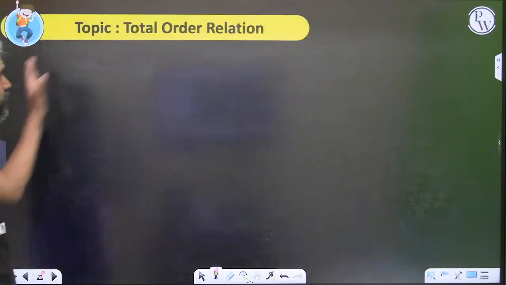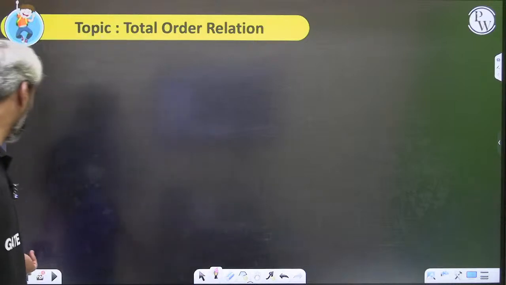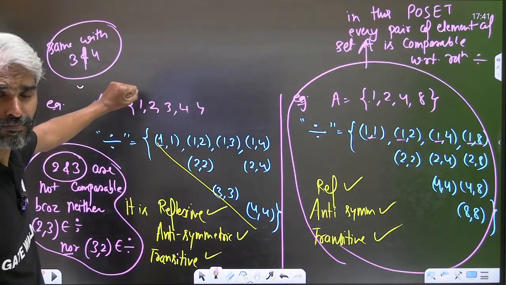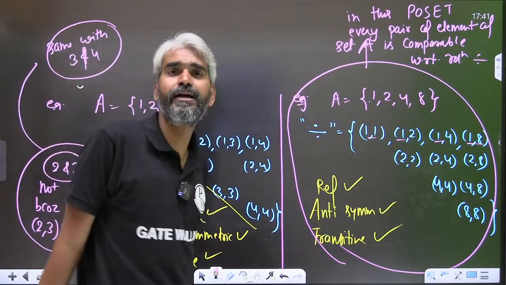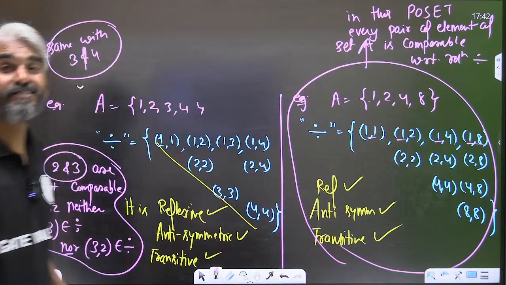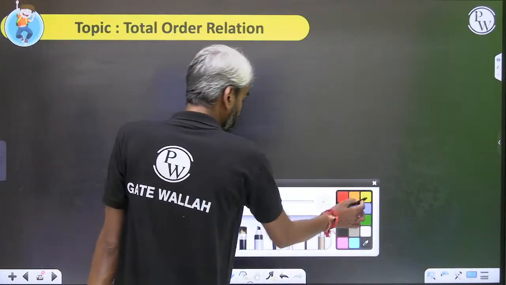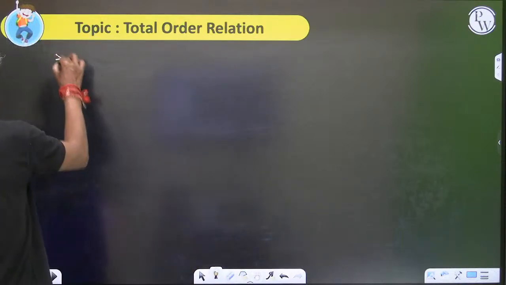In a similar way, we can define a new type of relation, the total order relation. So we know a partial order relation. Divide on a set of positive integers is a partial order relation. But when exactly does it become a total order relation? In a while we will come to that.